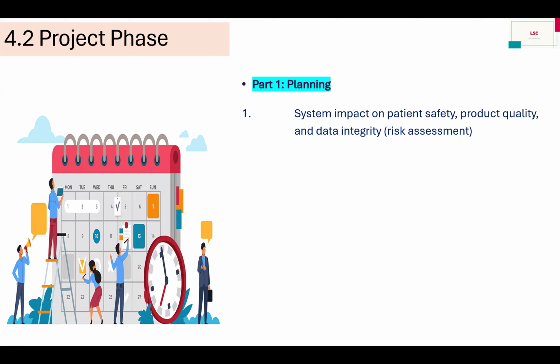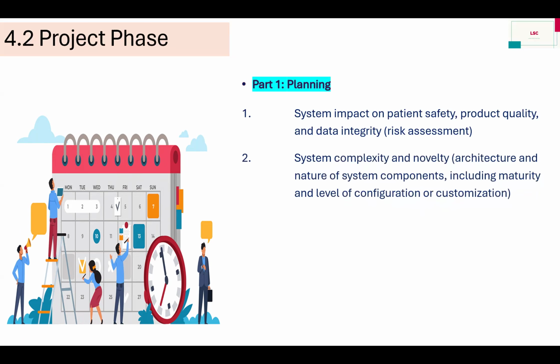For example, what process control you are going to introduce, what traceability you want, and what the relevant critical quality attributes are. So this is the part that is known as planning.